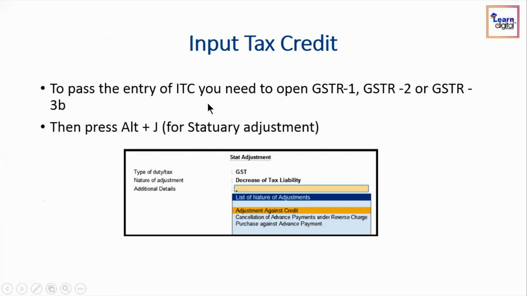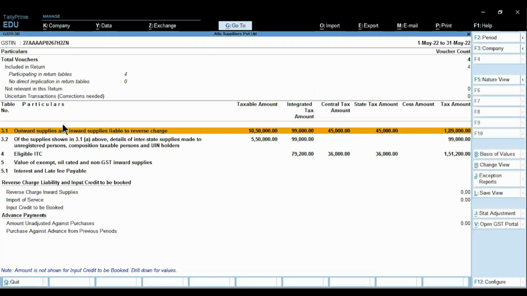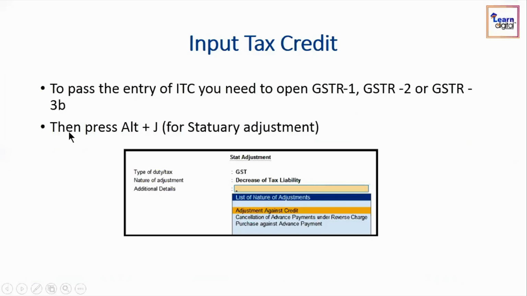Any report needs to be opened, and from here we will pass the adjustment entry. So we have already opened this 3B, and we have also changed the period. The period of this report is from 1st of May to 31st of May. Now, in this report, we have to press Alt J for statutory adjustment.